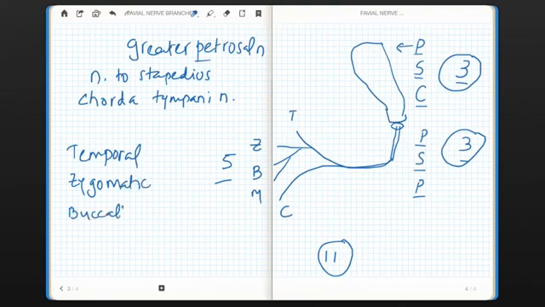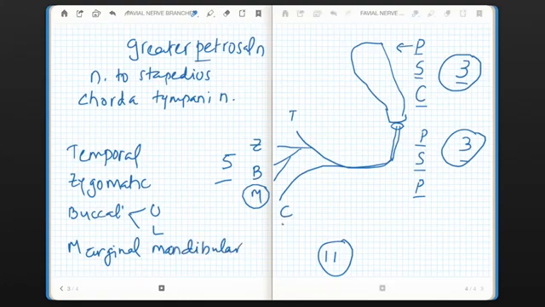Again it will divide into upper and lower buccal. M stands for marginal mandibular. Always say marginal mandibular, as the mandibular nerve itself is one of the divisions of the trigeminal nerve. So here this M stands for marginal mandibular. And this C stands for cervical.